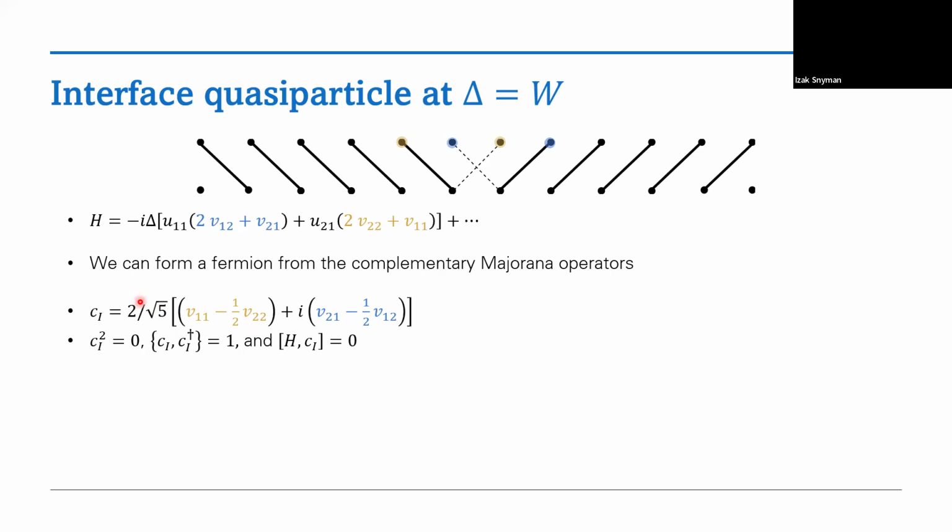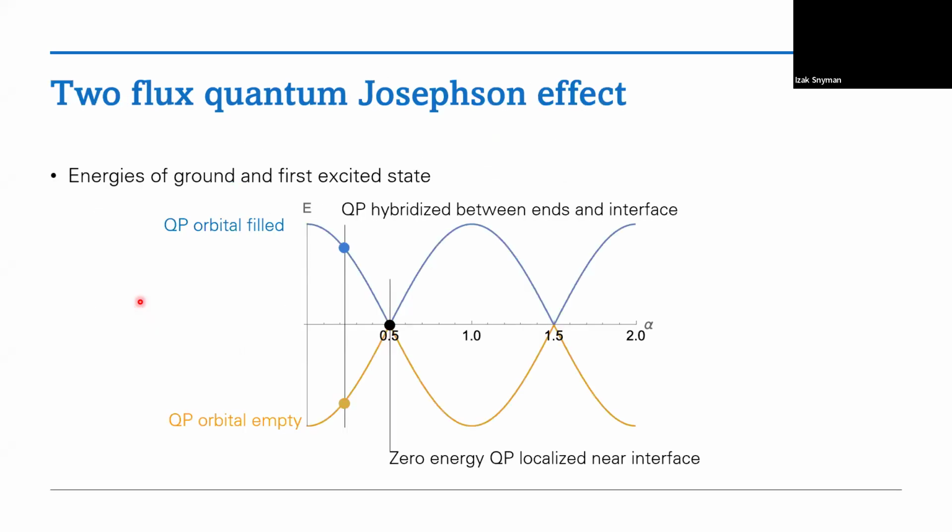So we have a zero energy quasiparticle orbital localized around the junction. Okay. So now, what's the impact of this on the Josephson effect? Well, if I'm at some arbitrary value of the flux, these considerations don't apply.